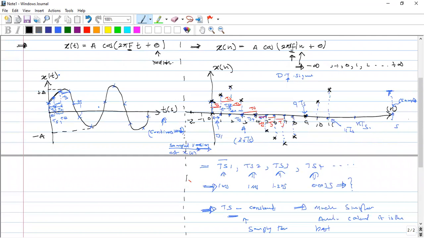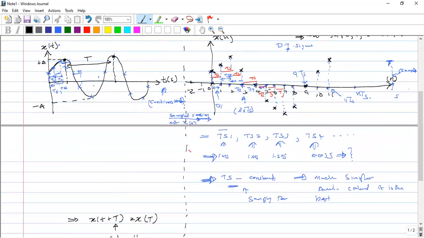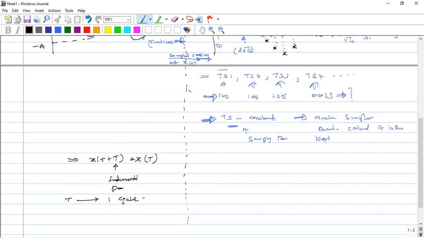From here to here is one cycle, and that time is T, the fundamental period. After this time T, the value will repeat again. It is normally measured in seconds.